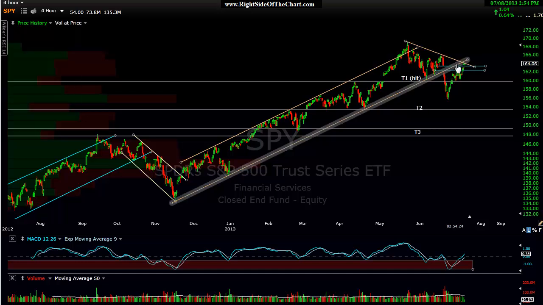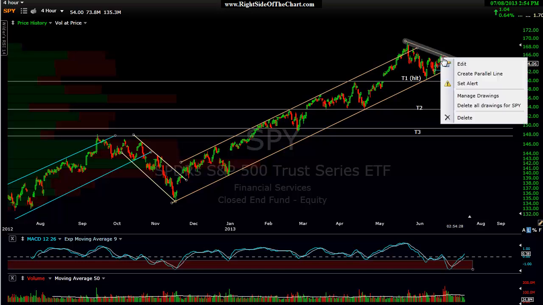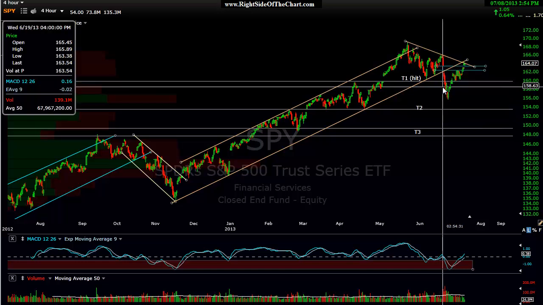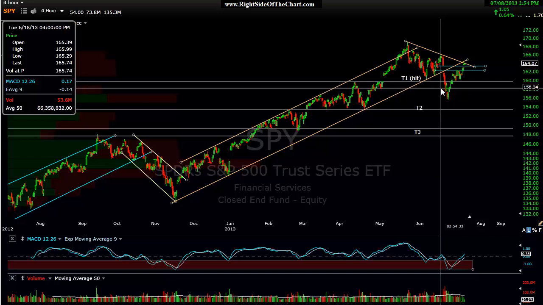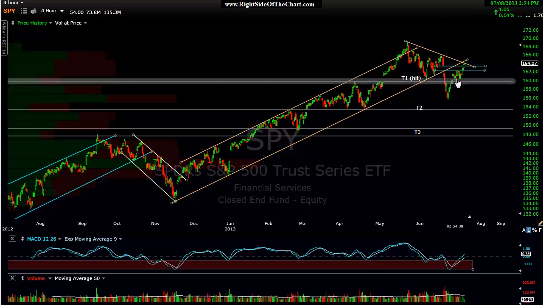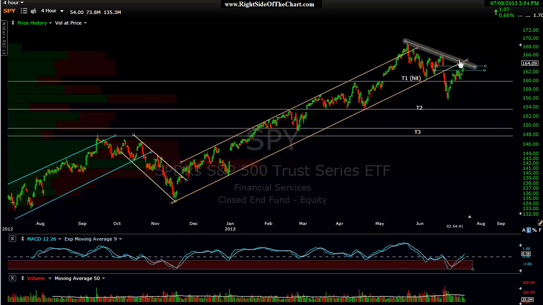Now, we could still take out that downtrend line, and unless we take out this previous reaction high, which was back on, I think I mentioned this in the blog in a static post, June 18th right there. If we take out that high of 165.99, now the market has made a higher high, and we no longer have a series of lower highs. But as of now, we have a series of lower highs and lower lows. Here's a low, another reaction low, another reaction low.